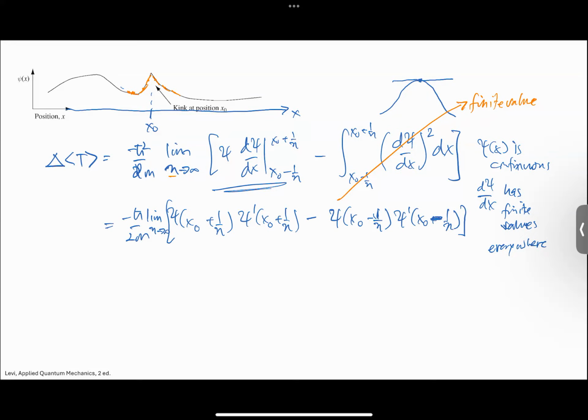Okay, and alam natin na as eta approaches infinity, then yung psi of x naught plus 1 over eta is equal to psi of x naught minus 1 over eta is equal to psi of x naught. Okay, equal na sila. Kasi nga sinabi natin na psi of x is continuous. Okay?